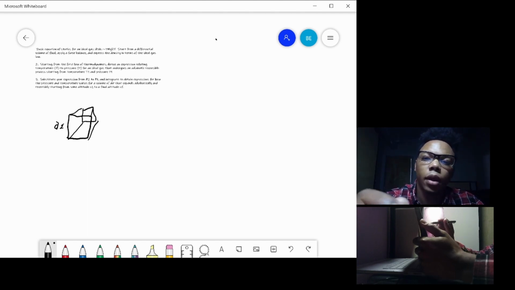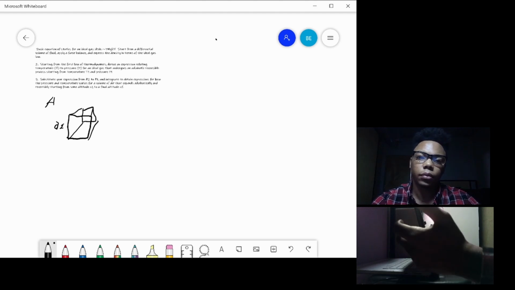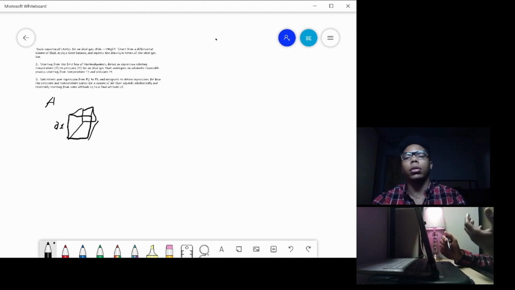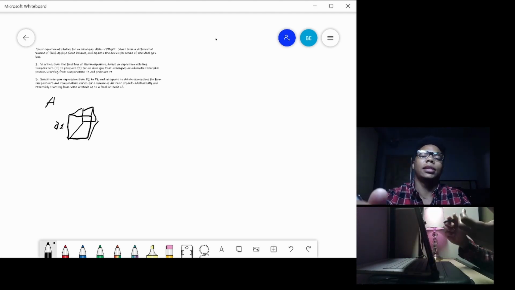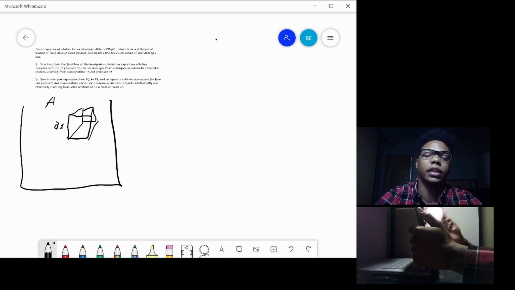And A is going to be our cross-sectional area measuring from the top down. And our liquid is actually in a much bigger volume of liquid. This is just one piece out of the entire whole.